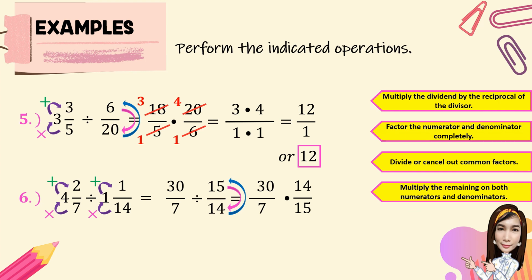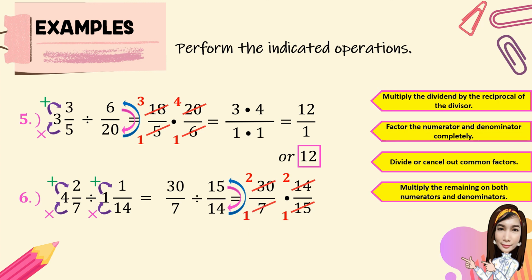Then factor the numerator and denominator so we can divide or cancel out common factors. So 30 and 15 have a greatest common factor, which is 15. 30 divided by 15 is equal to 2. 15 divided by 15 is equal to 1. 14 and 7 have a greatest common factor, which is 7. So 14 divided by 7 is equal to 2 and 7 divided by 7 is equal to 1.